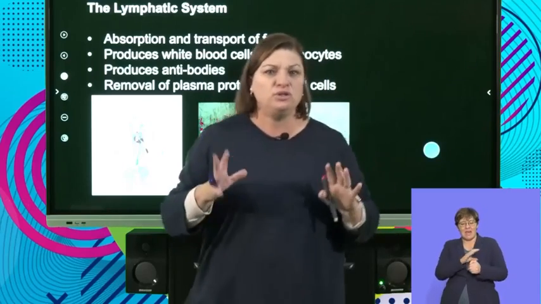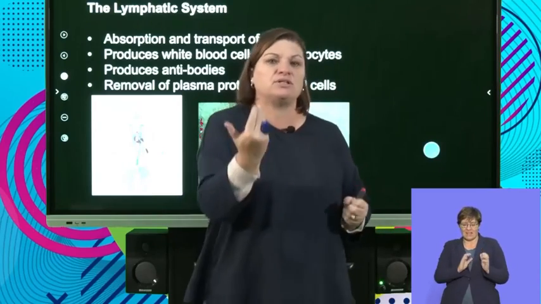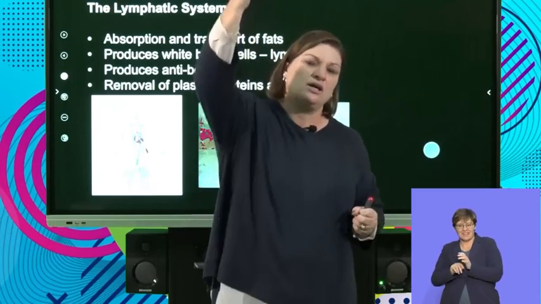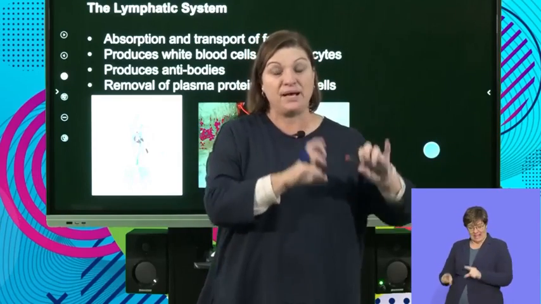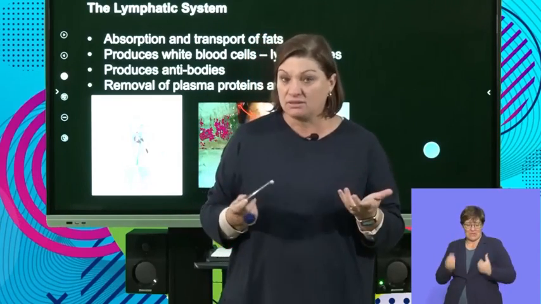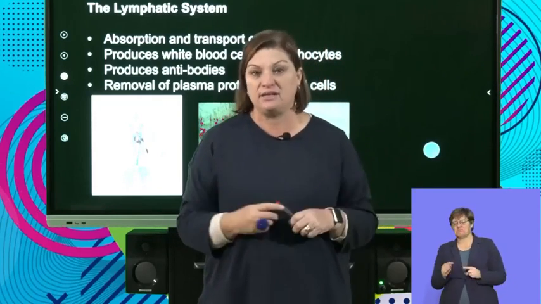If I do work, what does my muscle do? When my muscle works, it gets the lymph fluid going up the body. So our muscle system and our blood system help it to move, because it doesn't have the same muscle system that our heart and our blood vessels, especially our veins and arteries, have.